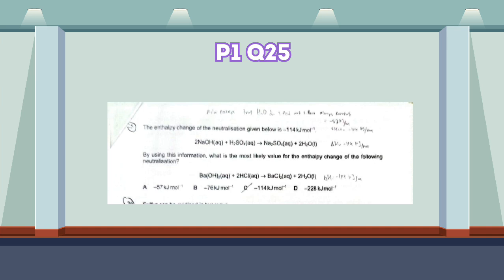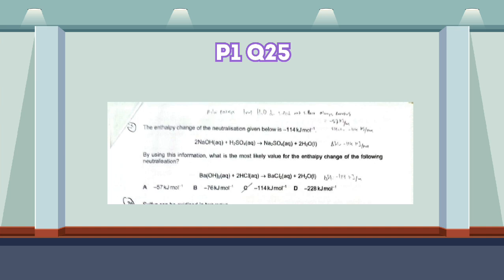And then the next question is from paper 1, question 25. This question gives us the equation for a neutralization that produces 2H2O. By using this information, what is the most likely value for the enthalpy change of the following neutralization?